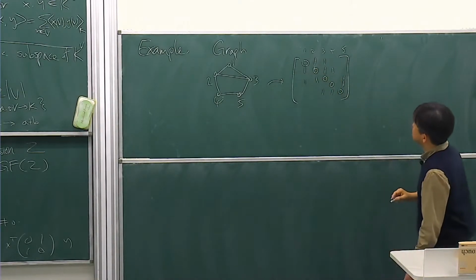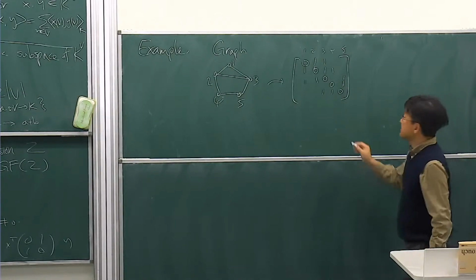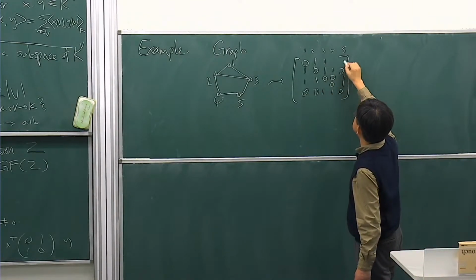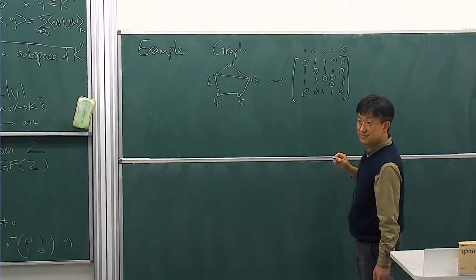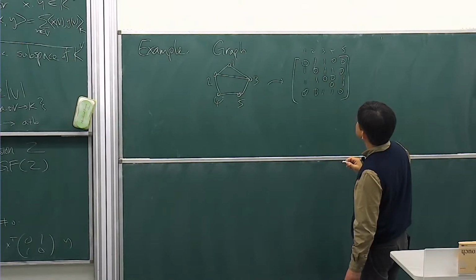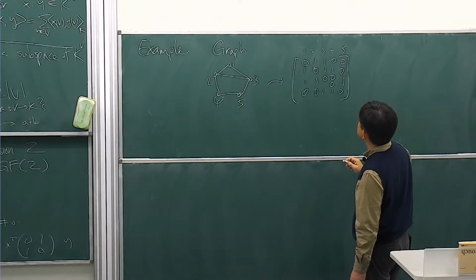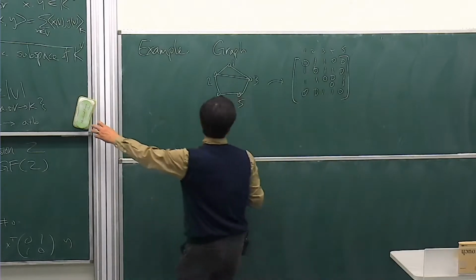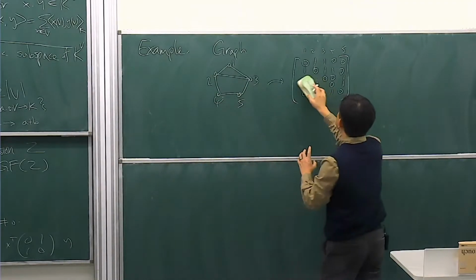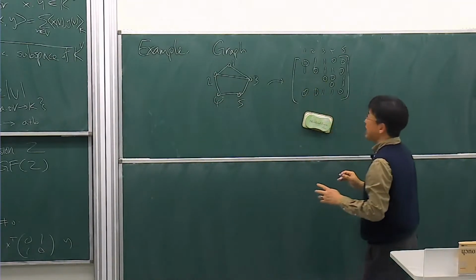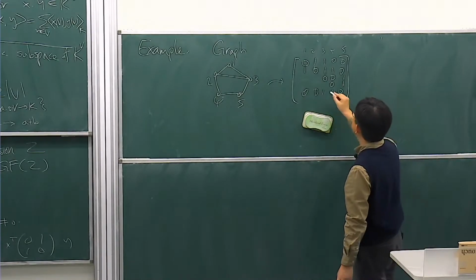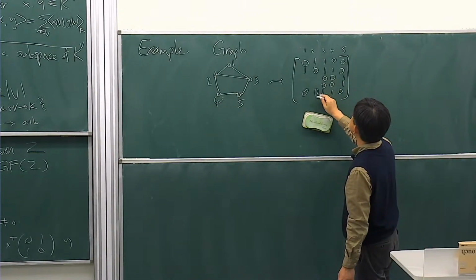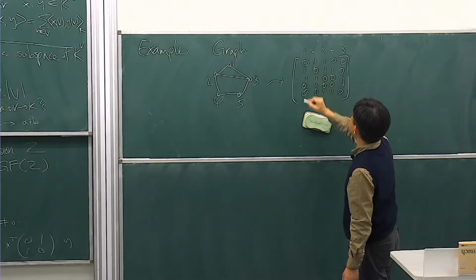Yes. That's it. And then with all the zeros. I'm missing a row. Yes, that's right. 1, 0, and 1, 1.